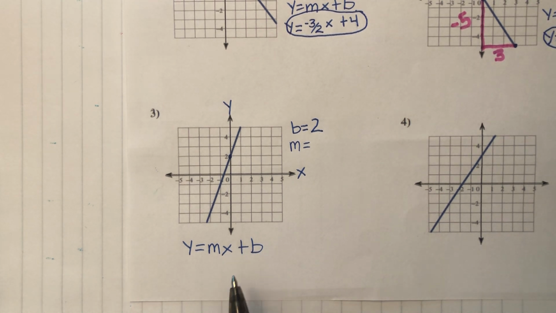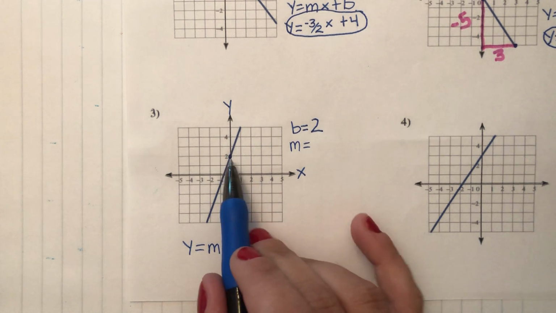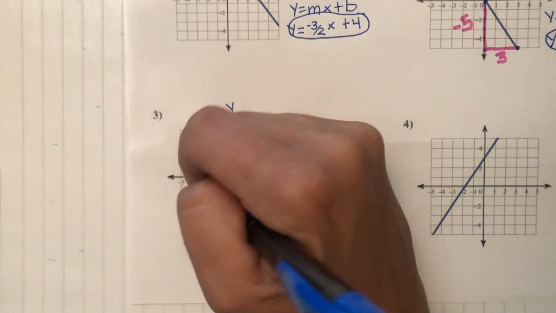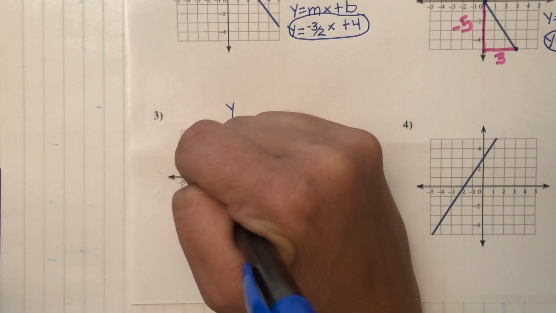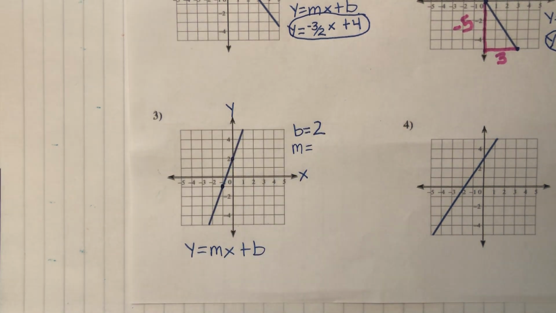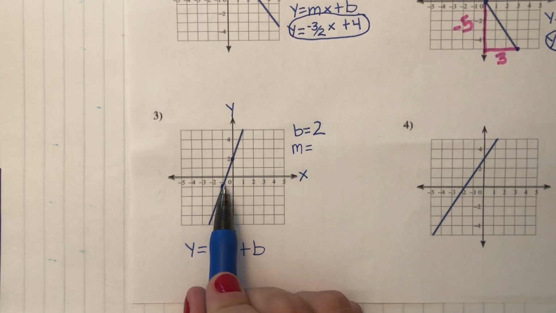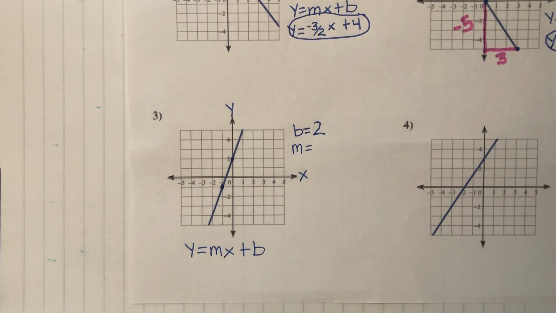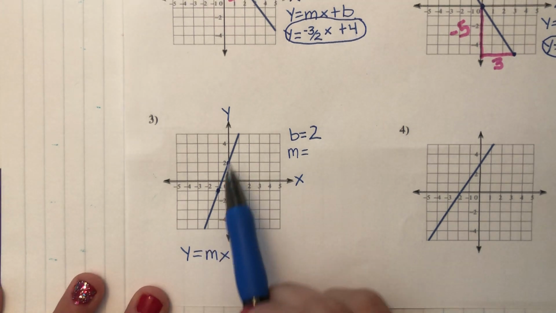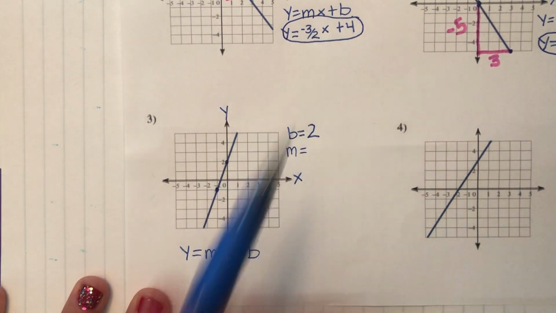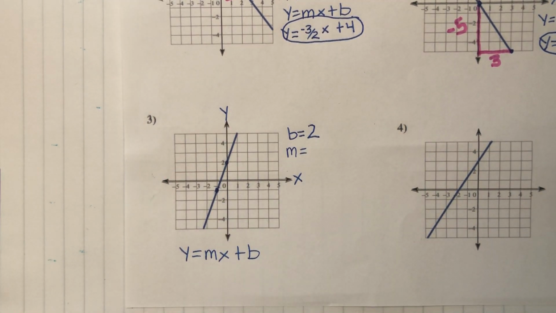So if I look, I can see that another point on this line is right there. It's crossing through all 4 corners, so that's a nice integer for me to be able to calculate the slope. If I look at my line, it's going up. So remember slope, puff, puff, positive. It's going up, so this is a positive slope.